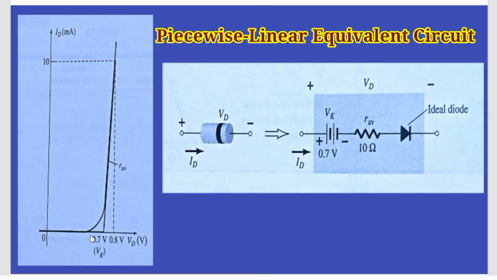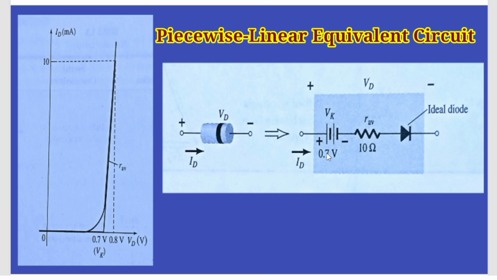Since a silicon semiconductor diode does not reach the conduction state until VD reaches 0.7 volt with a forward bias, a battery VK opposing the conduction direction must appear in the equivalent circuit, as shown here. This is VK.